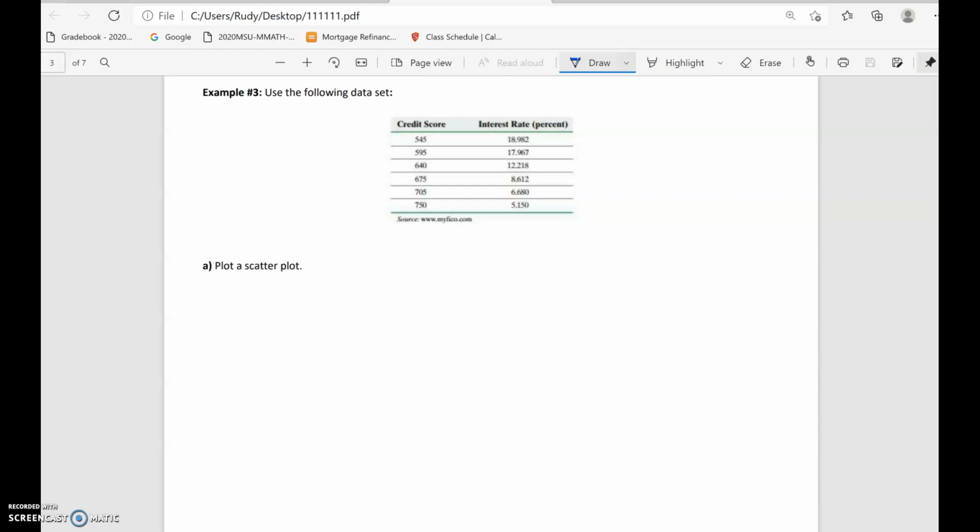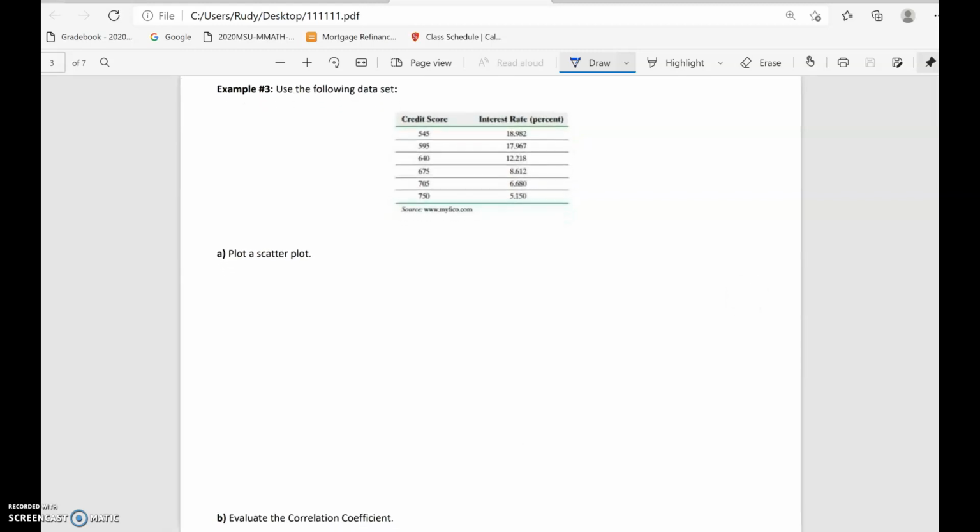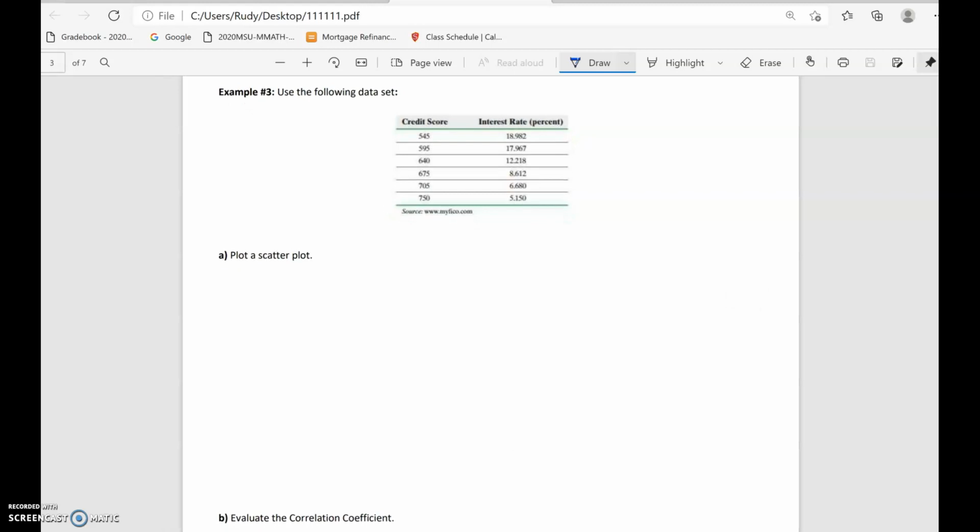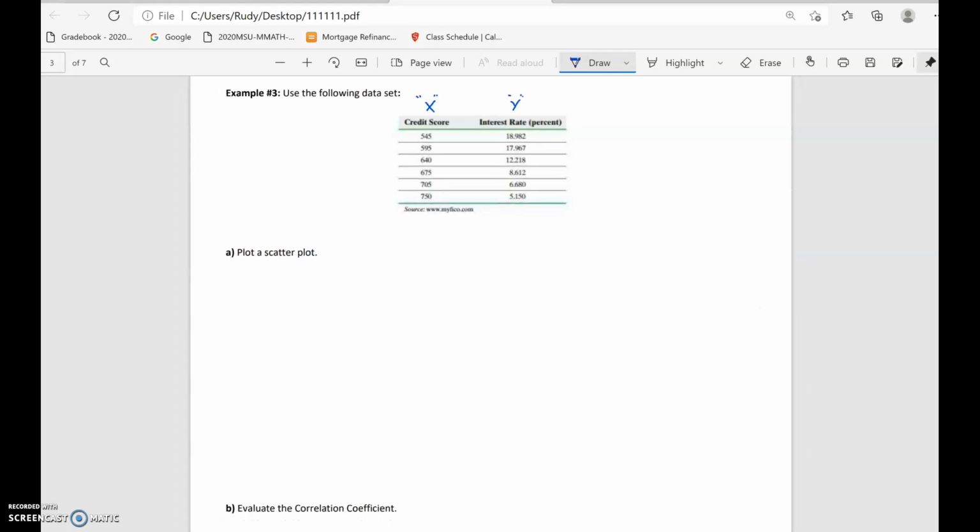If I want to sketch, the closest to the coordinate points as you're given in here would be okay. So these will be your x's, and then these will be your y values. They want a scatter plot, so we'll provide a sketch, and in this case I'm just going to put the title as credit scores.